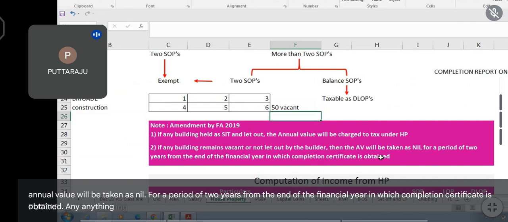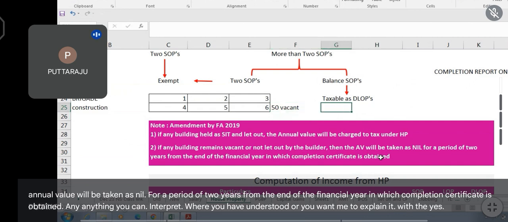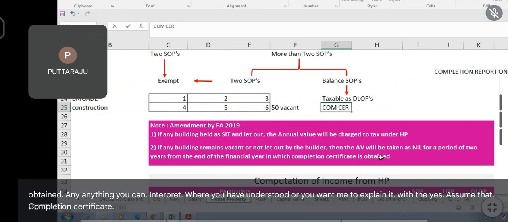Anything you want me to explain further? Assume that the completion certificate is received on 3rd August 22.